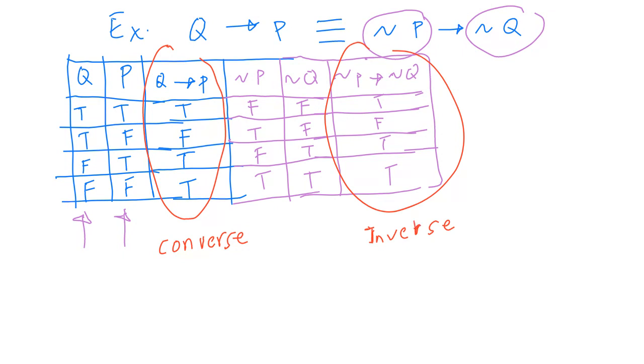Again, converse and inverse are equivalent in this case because look at the outputs. You have TF, TT on the third column, and the last column is the same value. So therefore, the two are equivalent. Okay. So that's how we know they are equivalent.